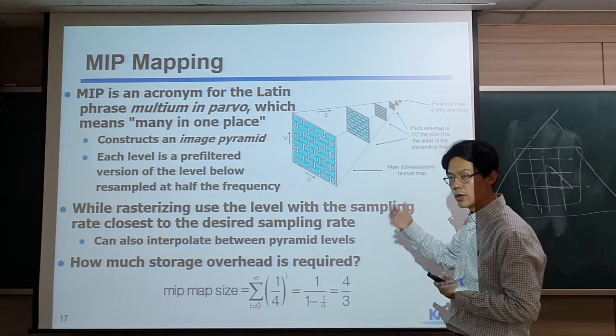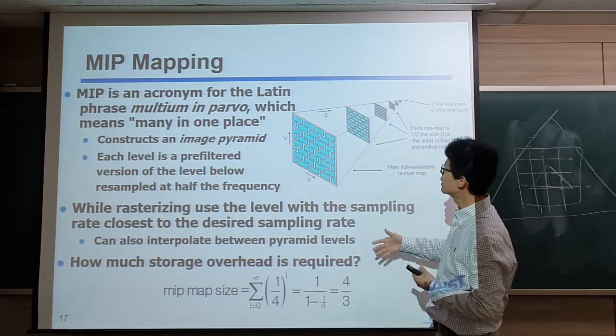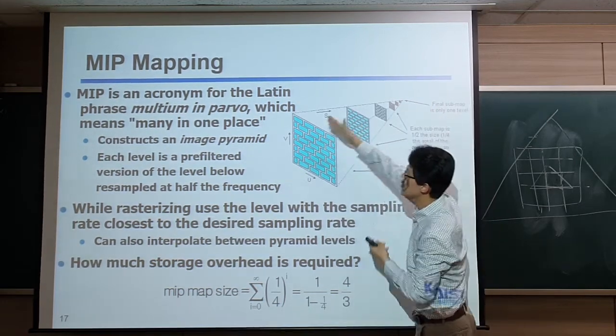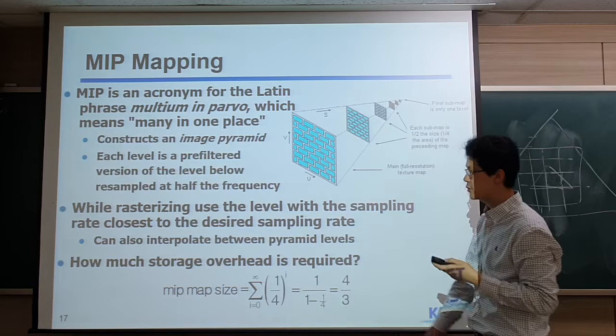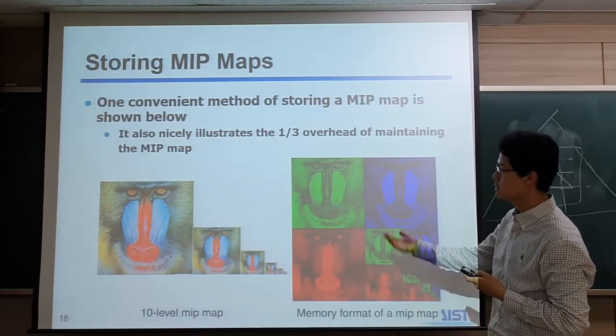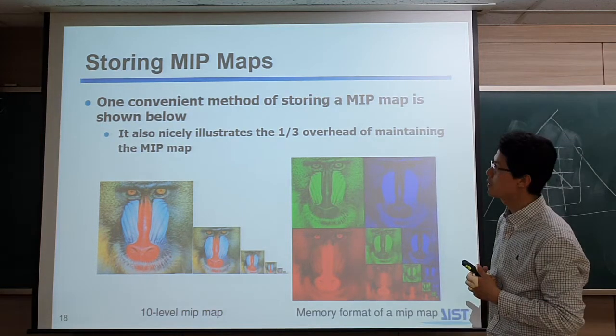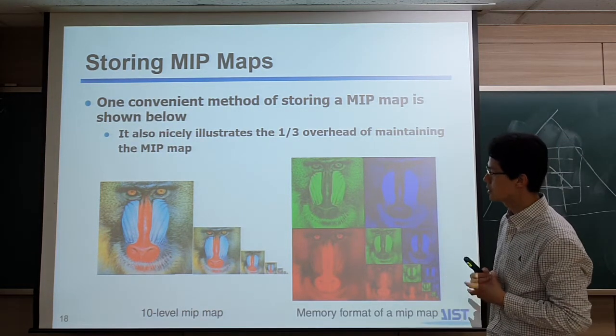In other words, we use 33% more. It boils down to 33% of the original data size. This also visualizes how we can store the MIP maps in memory.